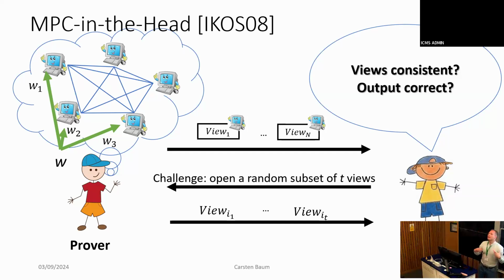And then you actually know, right? If the parties themselves say, well, the MPC protocol ran correctly, and if they say, well, the output that I got says that the witness was valid, then as a verifier, I have a guarantee that the witness that was secret shared here was actually the right thing. Now, all we need to show is that this thing is correct, sound, and zero knowledge.